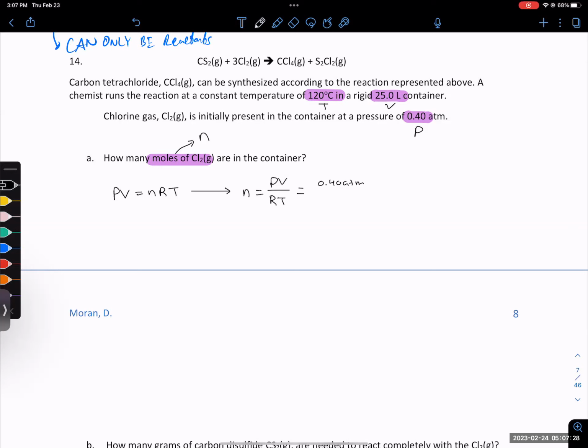Which is also the same as 0.40 atm times the volume, 25 liters, divided by the temperature. What is the temperature? That is true. And we have to convert to Kelvin, right? So what's our conversion from Celsius to Kelvin?